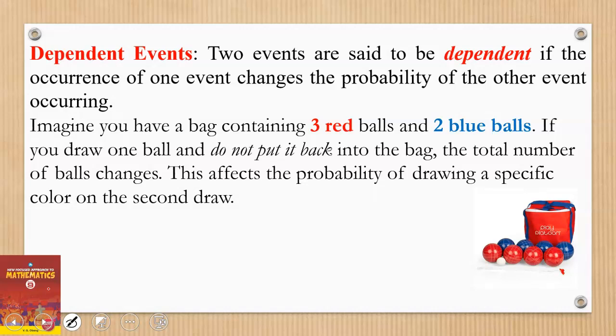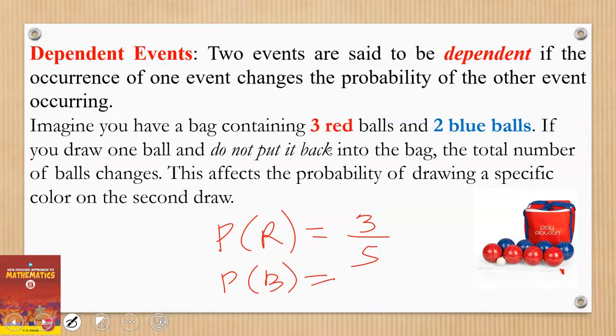For example, if I decide to draw the first ball and it happened to be red, I can find the probability of having red. The probability of having red is going to be the red over the total sample space, which is 5. Now, after taking the first ball and it is red, if I'm to do another one, the probability of maybe taking a blue ball, realize that because I didn't replace the first one, the chance of picking the blue ball will be 2 over 4 because the number of balls has reduced.